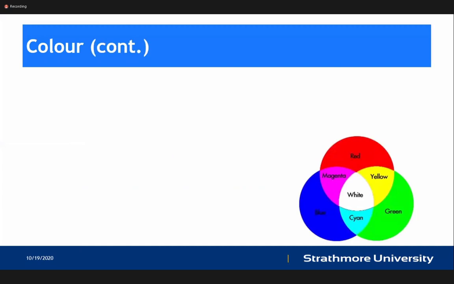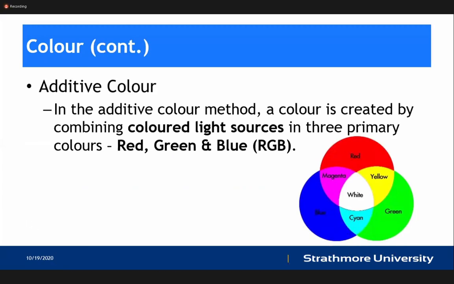Subtractive colors are actually a result of mixing additive colors. So we may say the basic colors that we actually use, the primary colors, are red, green, and blue. This is the basic color model that we have.